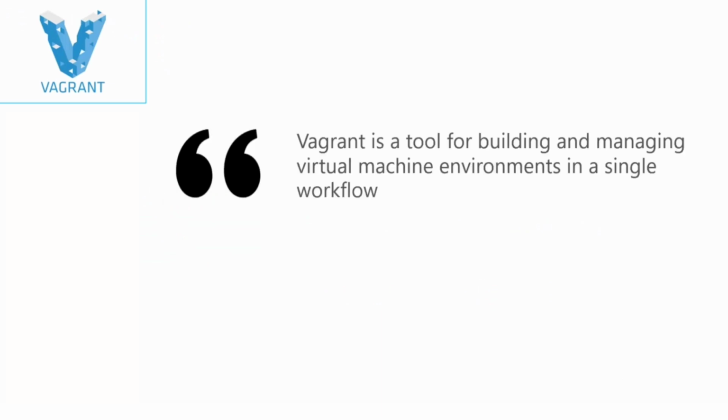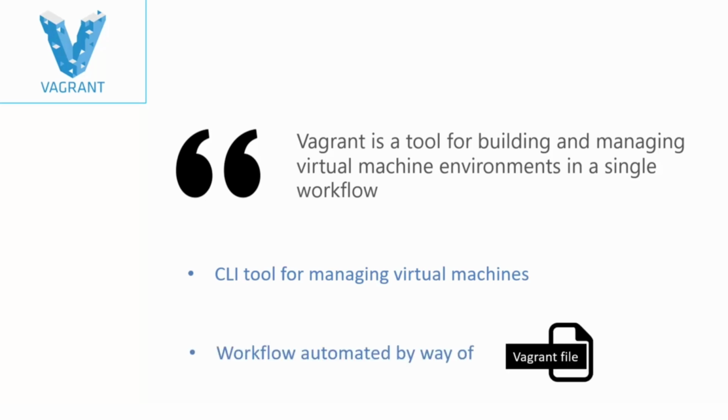Now let's talk about what is Vagrant. Vagrant is a tool for building and managing virtual machine environments in a single workflow by way of automations. It's a command line tool, and the workflow for creating and managing the virtual machines is managed by way of a configuration file known as the Vagrant file. Virtual machines are created by executing the Vagrant commands.